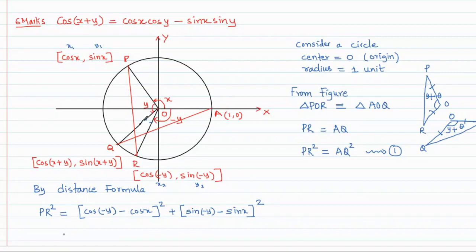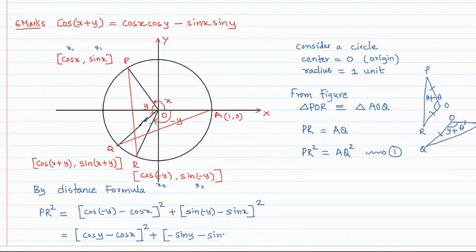If you simplify, you will have the answer. So cos(-y) is cos y, because in the fourth quadrant cos is positive, minus cos x. Sin(-y) is minus sin y, minus sin x bracket square.